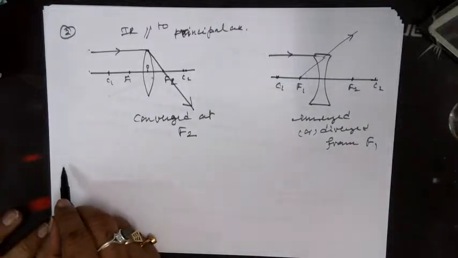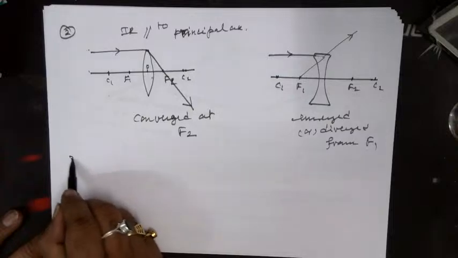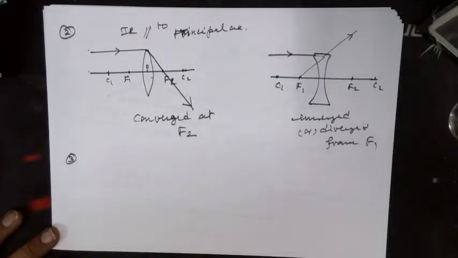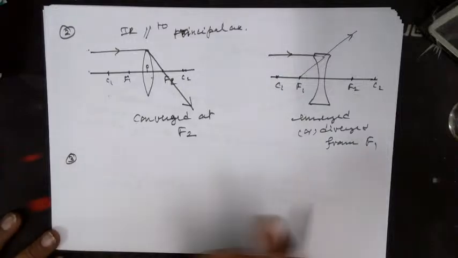Third point. When the rays are passing through the principal focus, then it becomes parallel.